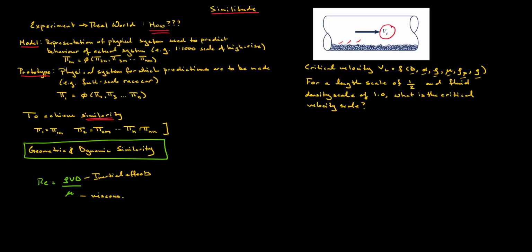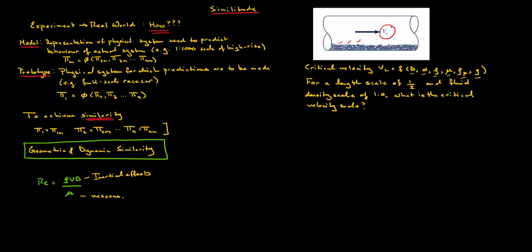Now the question is, for a length scale of 1/2, meaning that the length scale of the model is 1/2 that of the prototype, and a fluid density scale of 1, meaning that the density in the prototype is the same as the density in the model, what will be the critical velocity scale? First, we're given the dependence of the critical velocity Vc on the different variables.